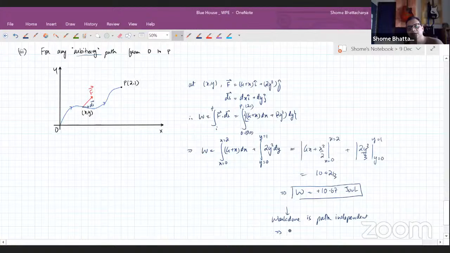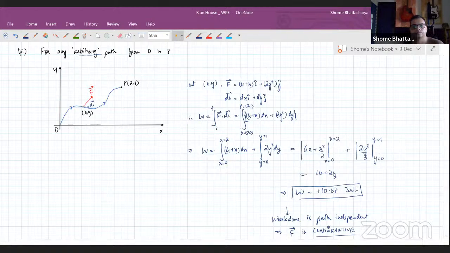Okay. And that implies that this particular force is conservative in nature. Okay, so this is a very important aspect of the application of work energy, to understand the definition and the working principle for conservative forces.